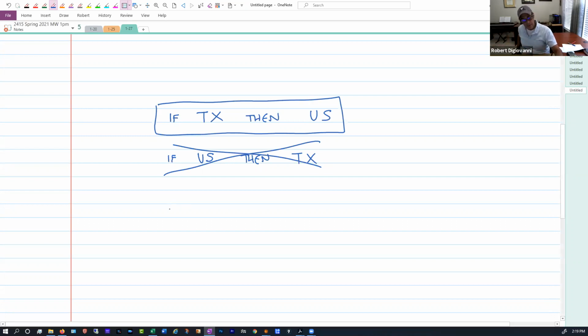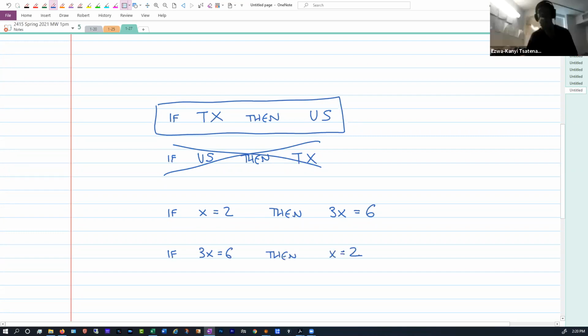Now, how about this statement? If x is 2, then 3x is 6. Is that true? Okay, can I reverse it? If 3x equals 6, then x must be 2. Yes.